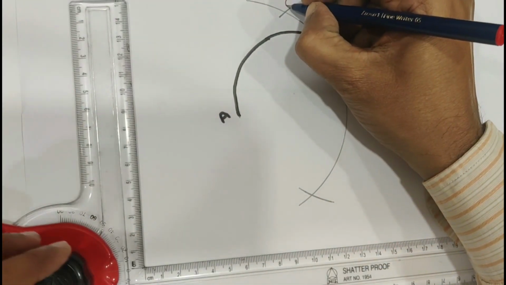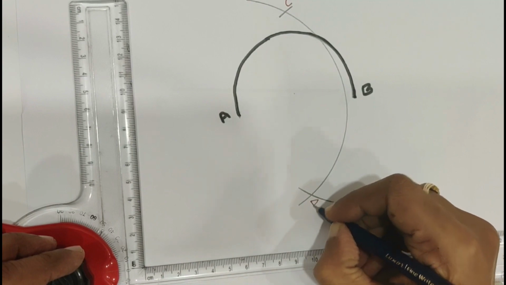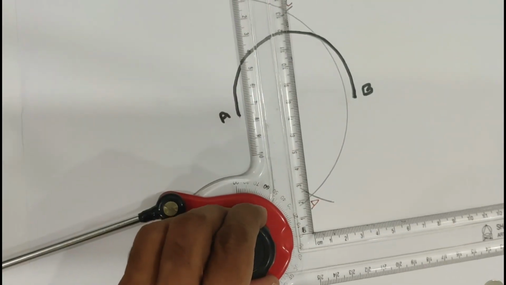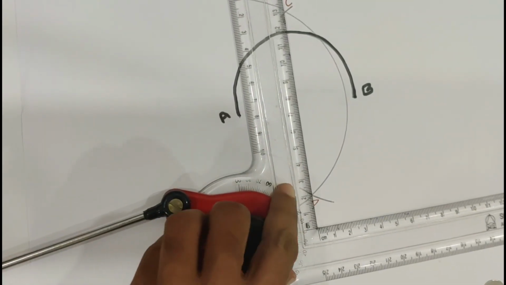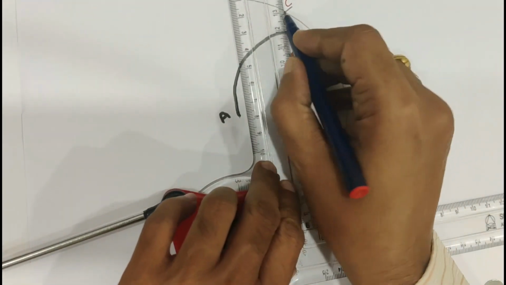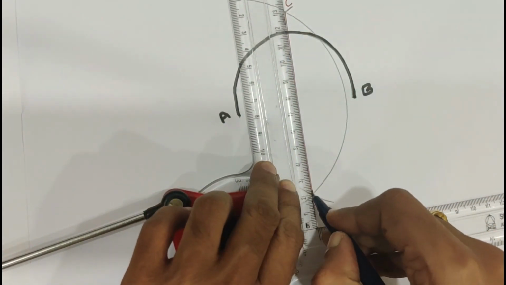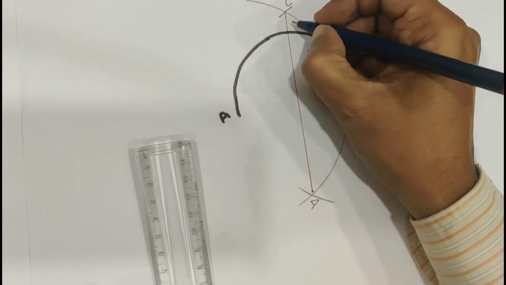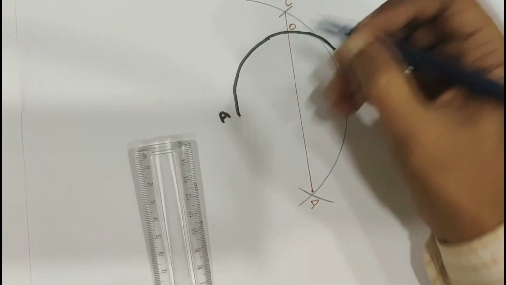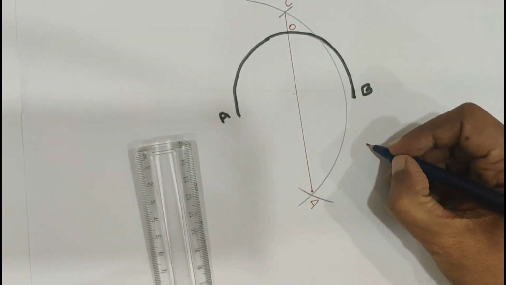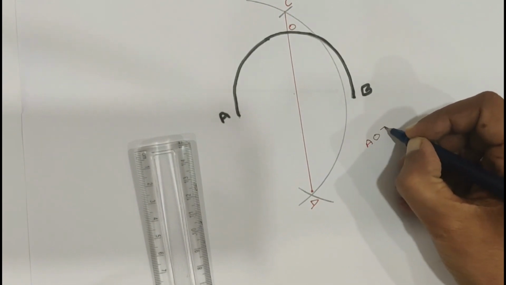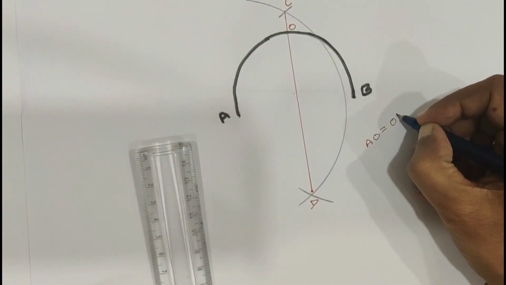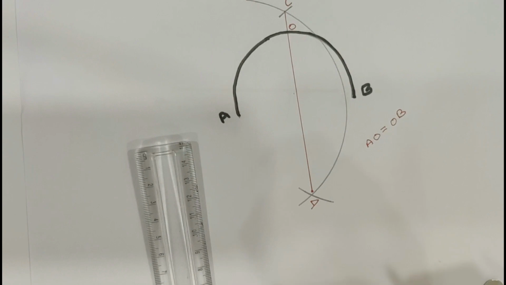Then name this point as C and this point as D. Join CD. Here name this point as O. Here the arc length AO is equal to arc length OB.